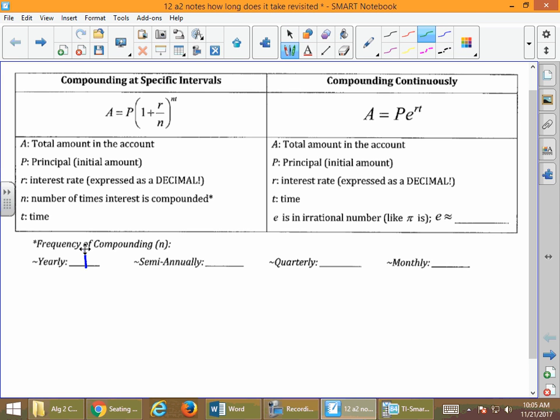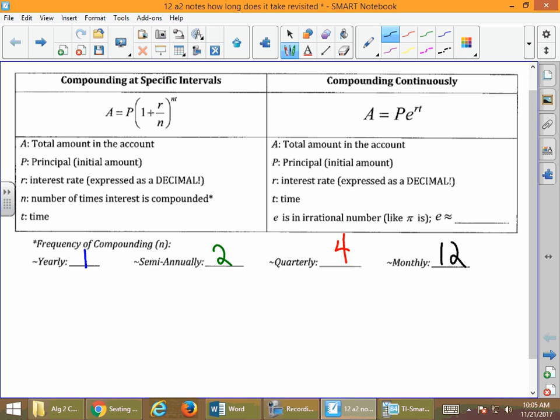Then we did semi-annually, which means that interest is going to be calculated twice a year. Quarterly is going to be 4 times a year. Monthly, which is probably the most common, is 12 times a year. And credit cards like to do monthly.